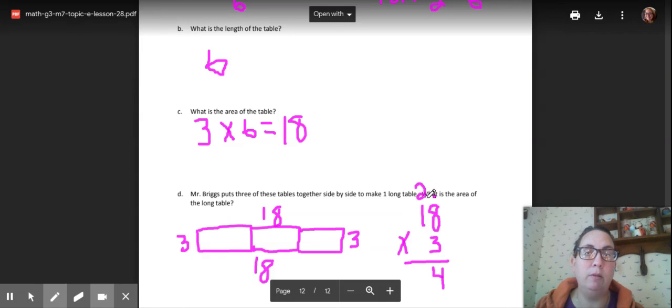I regroup. I carry it. I'm done with this 8. I'm going to cross it out. And I multiply 3 times 1, which is 3. And then you add what you carried or regrouped. So 3 plus 2 is 5. So the area of this table is 54 centimeters squared.